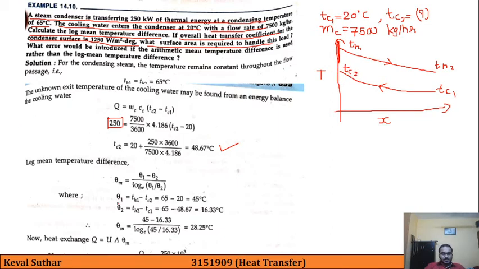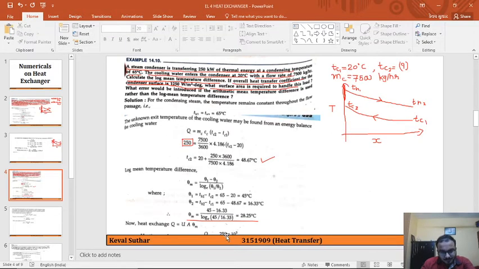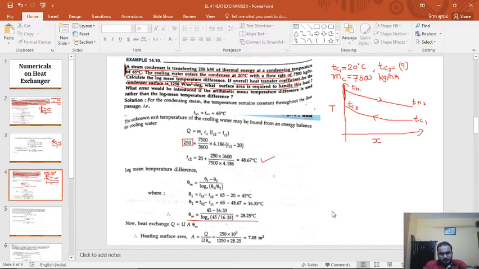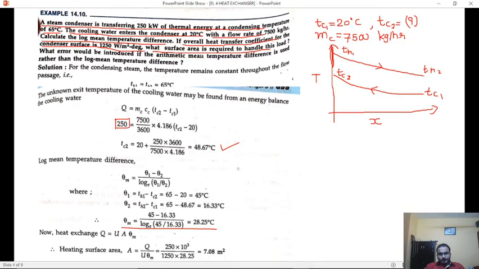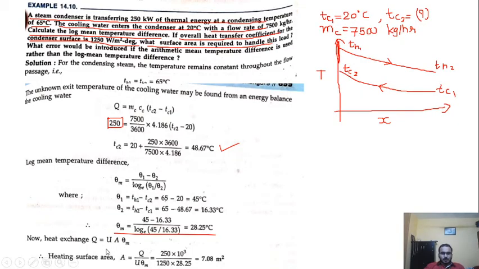So here theta 1 is Th1 minus Tc2 and theta 2 is Th2 minus Tc1. So finally we get the value of theta m which was required, and then we can move forward with the Q value. With this formula of Q, we can calculate the heating surface area.